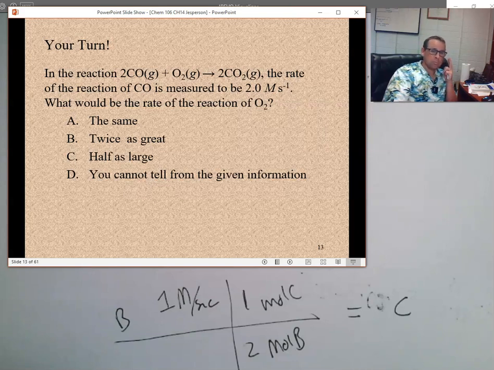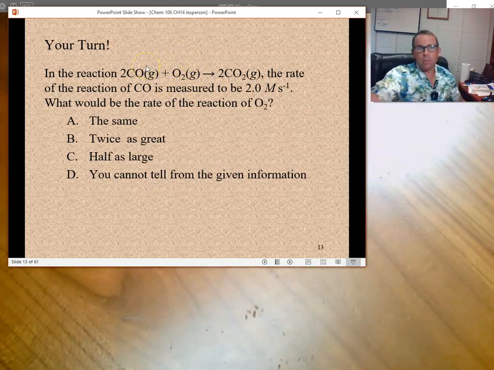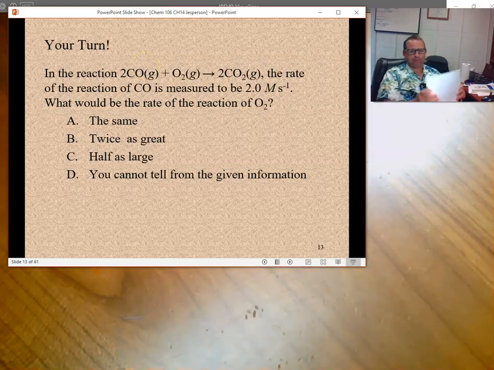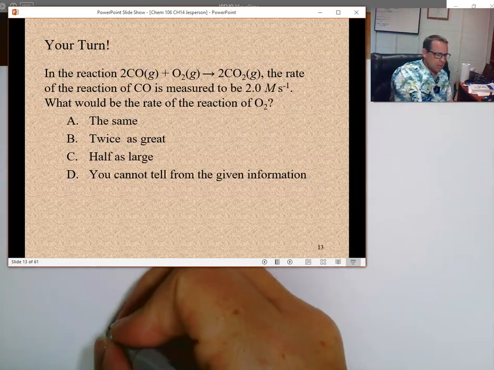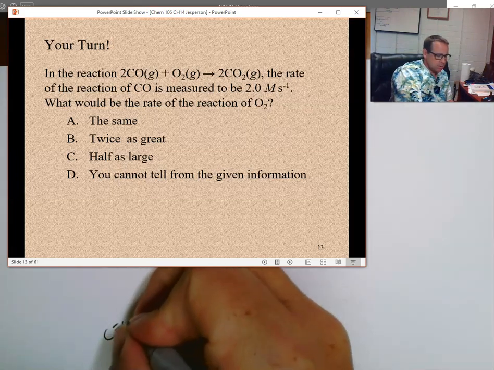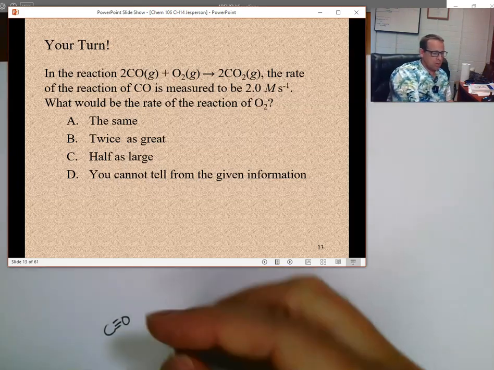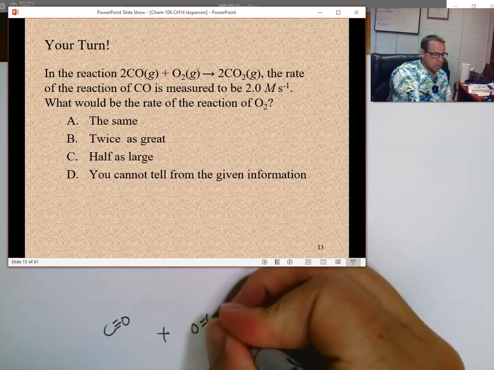So I think it would be the same. The same? So here's carbon monoxide, right? Yeah. And we're looking at the rate at which oxygen gas disappears. Right? Yes. So if we draw a little picture for ourselves, carbon monoxide, right, reacting with oxygen gas.